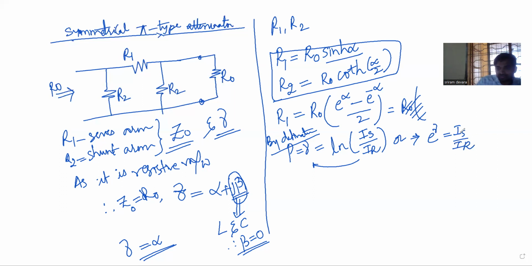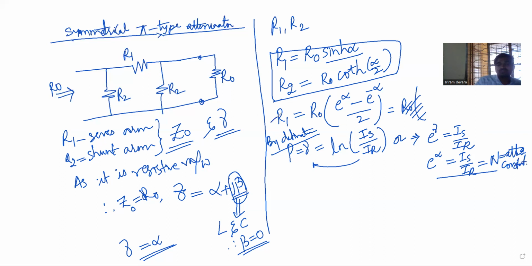We know that gamma is alpha only for an attenuator circuit. Therefore e power alpha is equal to Is divided by IR, which is the same as N, where N is the attenuation constant.